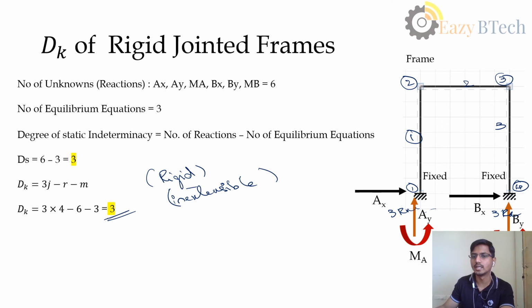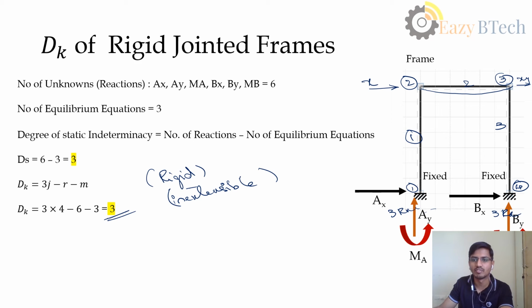How 3? Let us understand its concept. As I said, in the x direction it is free to move. Here also in the x direction it is free to move. Right? That comes to 2. And because of this movement, there will be a rotation at these nodes, because for both nodes we don't have any support conditions.